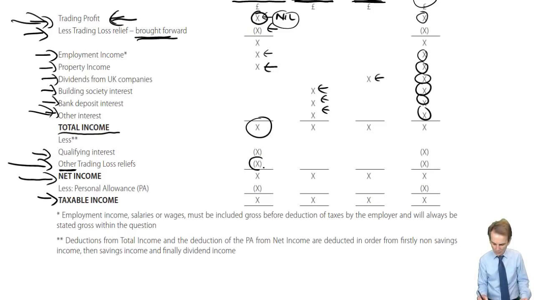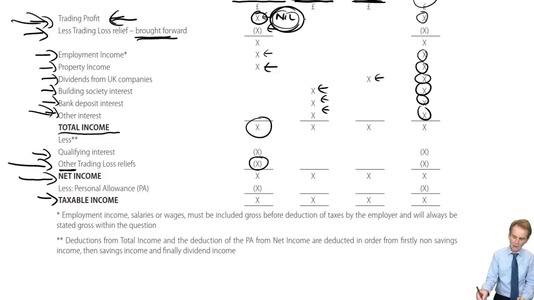So here, one possible use of the loss that lies behind that nil assessment, all of which, again, don't panic, we will see in chapter 7. But that loss that lies behind that nil assessment may, if you choose to make the claim, be set off against any other total income of the period.